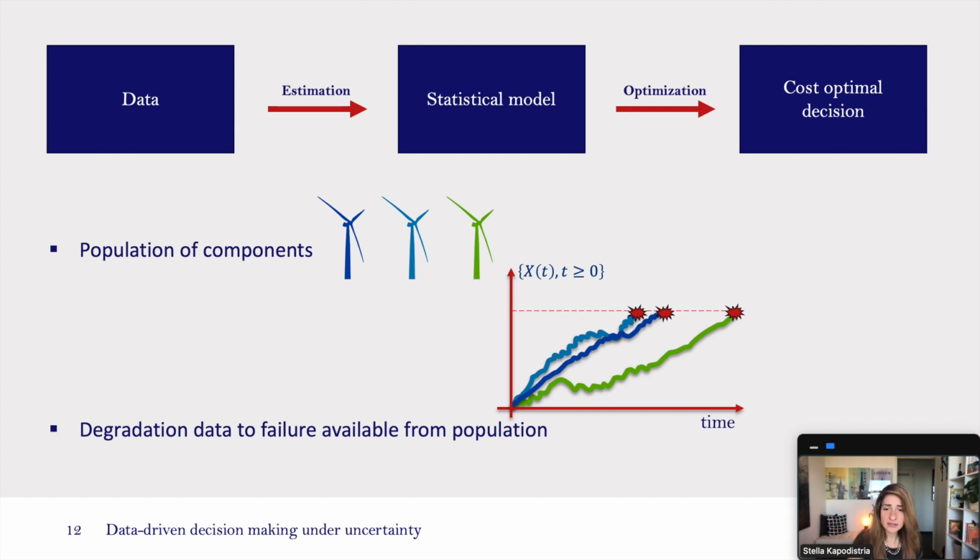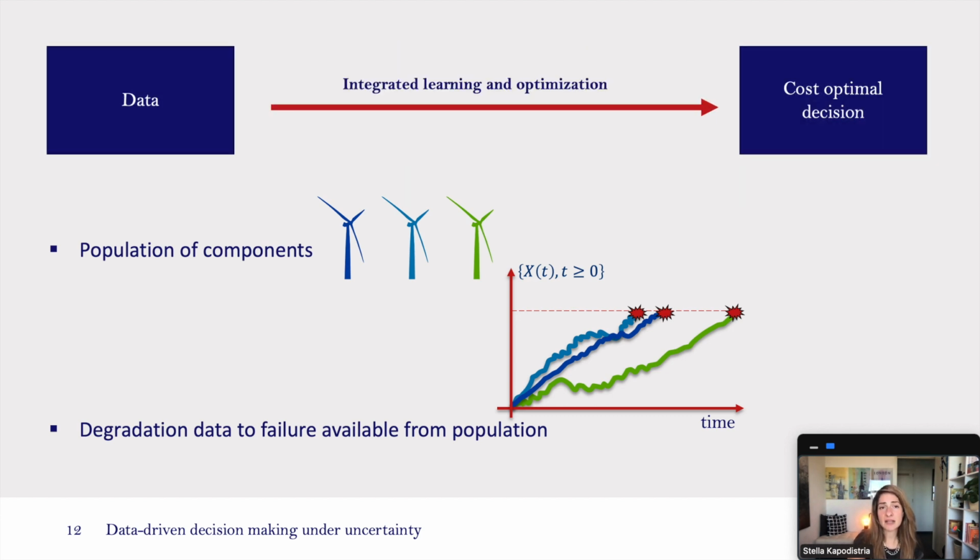So from that perspective, we would like to create a heterogeneous population individual model that is based on this simultaneous learning of the statistical model and making the decision. So we have this notion of integrated learning and optimization.